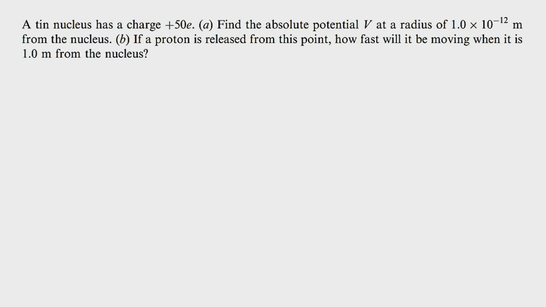So that is very small. And for letter B, if a proton is released from the nucleus, how fast will it be moving when it is 1 meter from the nucleus? So it moves away from the nucleus to a distance of 1 meter. We will solve for that one later.